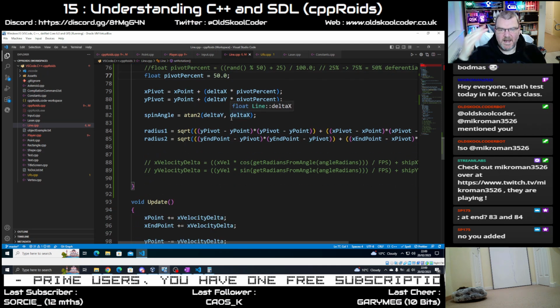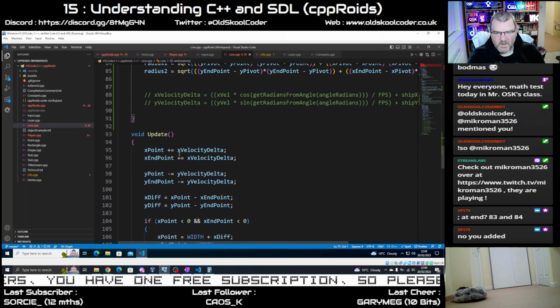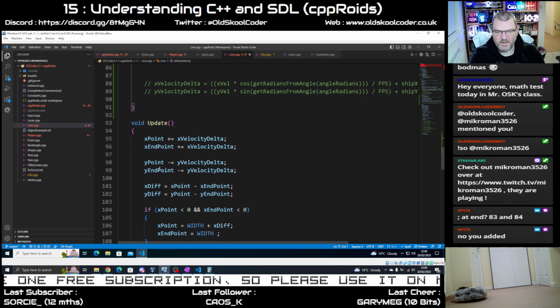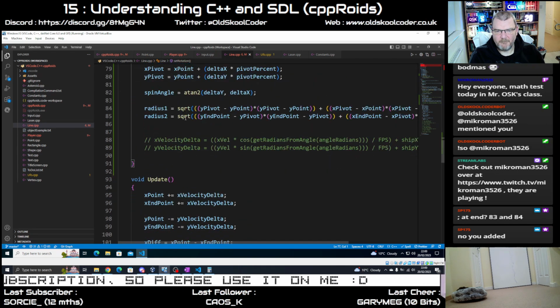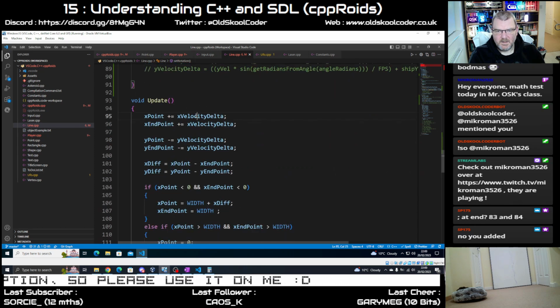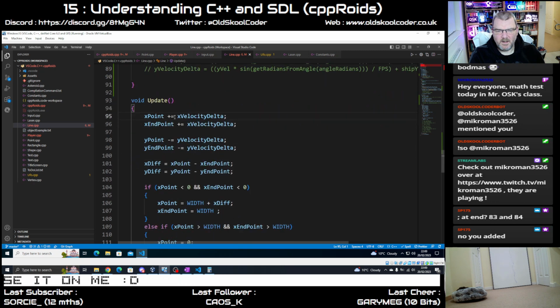Right. So now we've got the necessary values. We now can affect our x point and end point based on here. Now we are no longer going to be, oh, that's a good question.